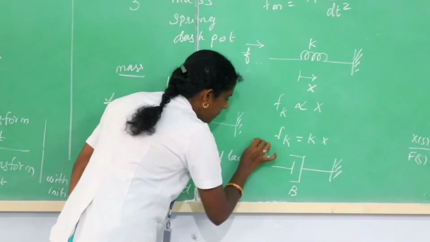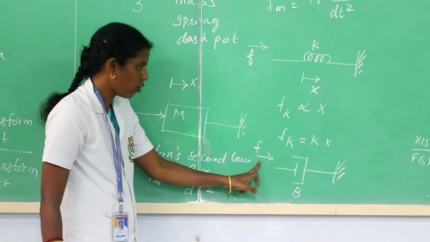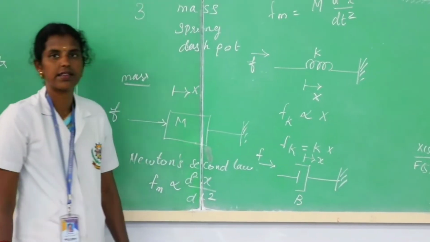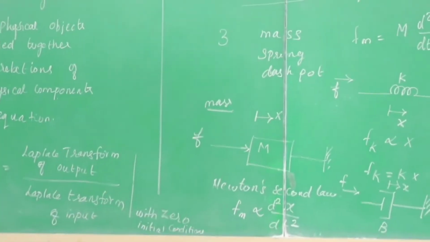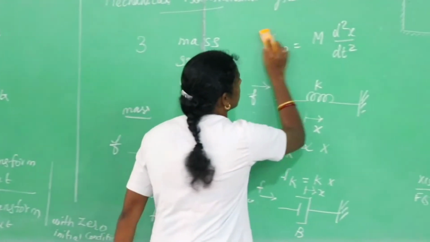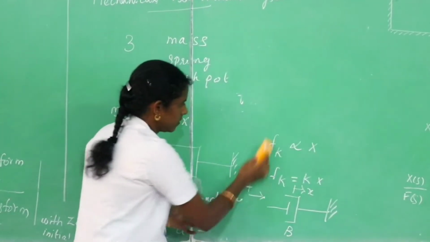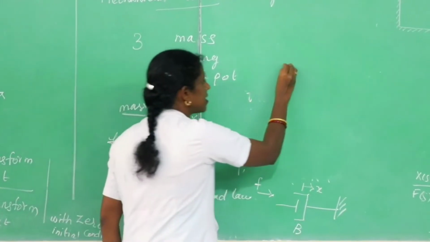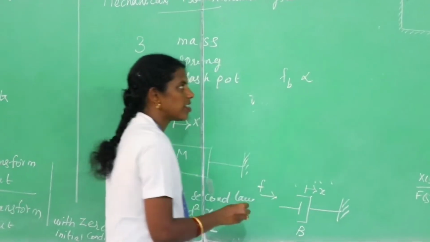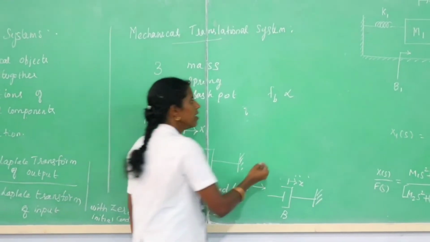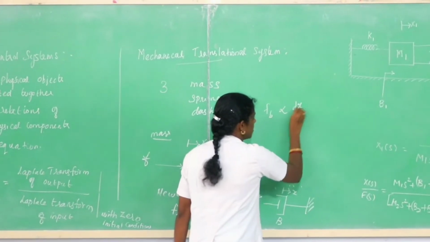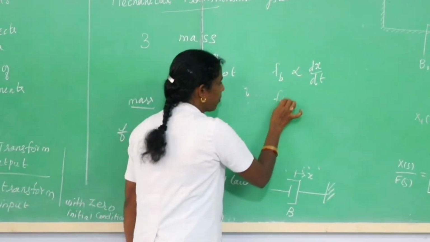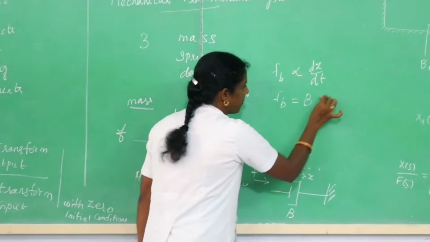It is denoted as B, and if you apply the force to this element, it also has some displacement, considered as X. The force balance equation for the dashpot is written as Fb, which is proportional to the velocity of the body, dx by dt. To remove the proportionality constant, we use B.